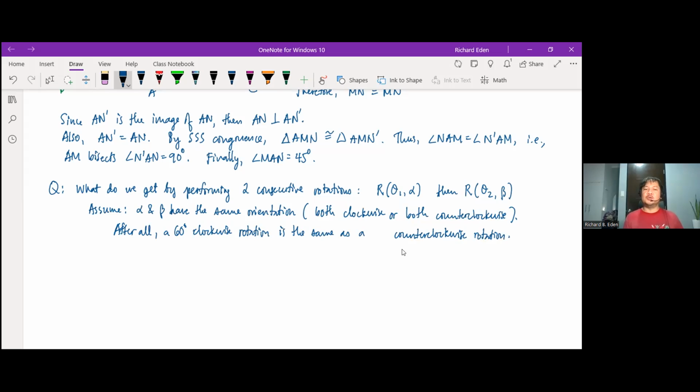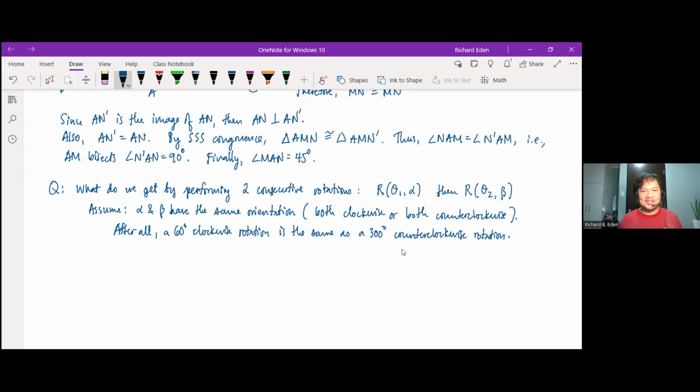Diba? If you were to rotate by 60 degrees clockwise, that would be the same as rotating 300 degrees counterclockwise. Diba? So, para mas madali na ang usapan, let's assume that alpha and beta have the same orientation. Kasi kung isa clockwise and isa counterclockwise, well, then you can just replace the other by the equivalent opposite orientation rotation.